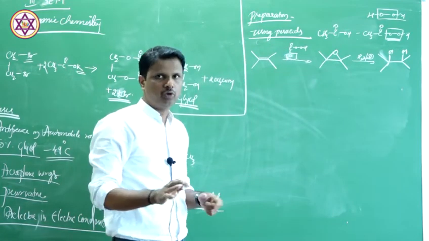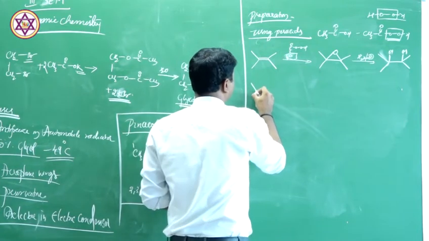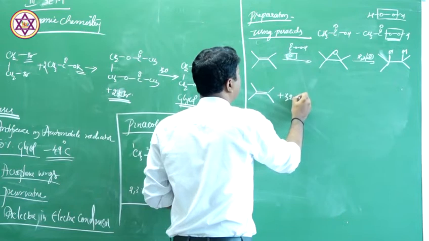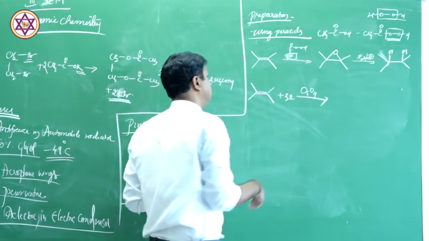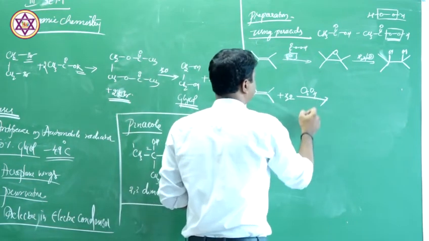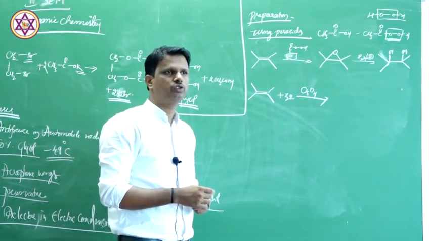So we got pinacol. The other method is to take the same alkene and react it with hydrogen peroxide in the presence of OsO4. Sometimes you don't even need H2O, I believe. In this case OsO4, osmium tetroxide, is a catalyst and an excellent oxidizing agent.